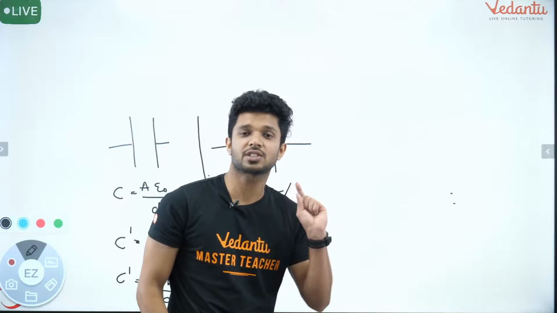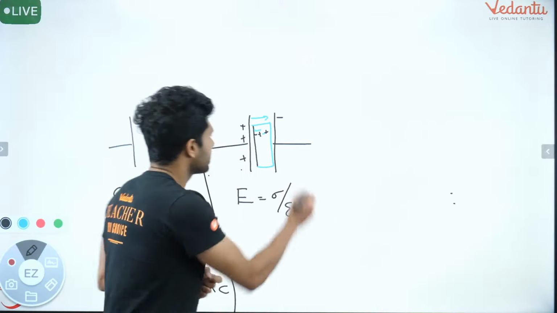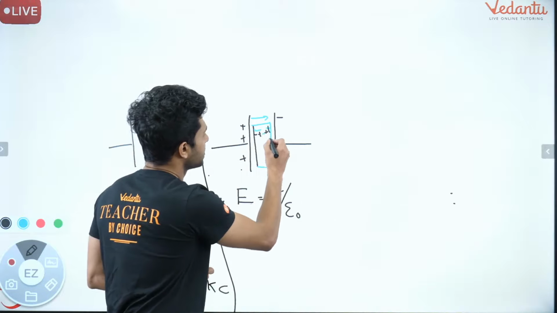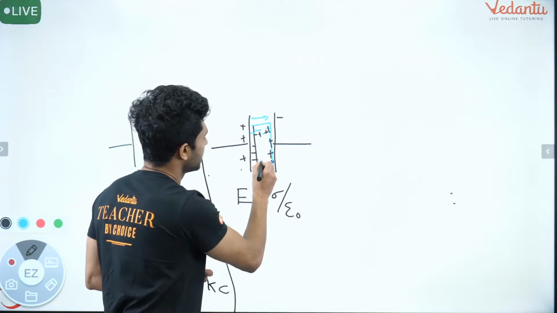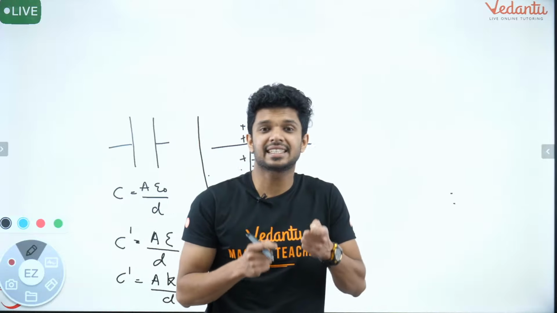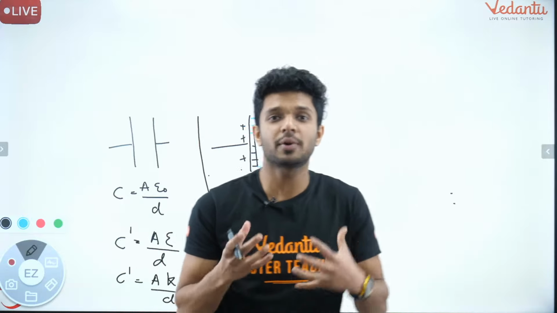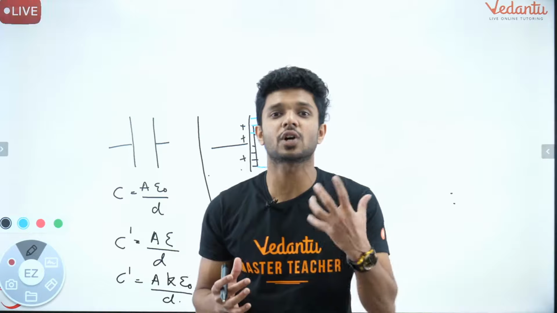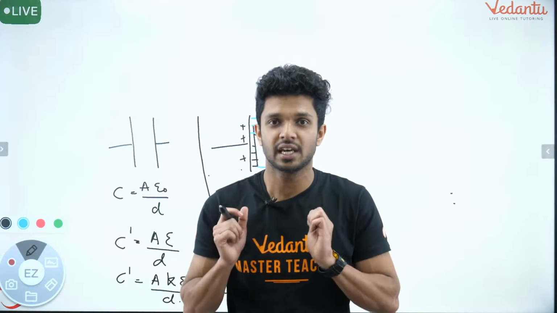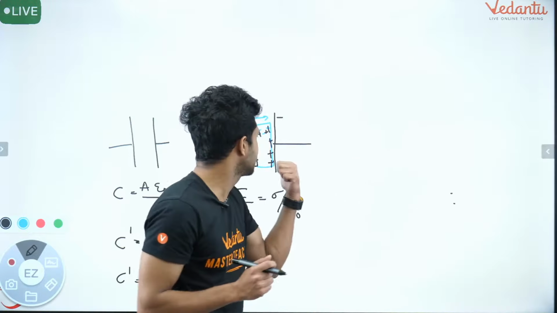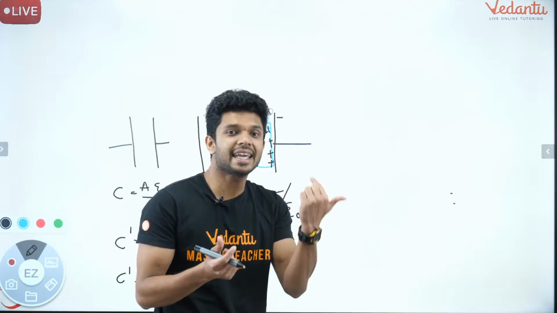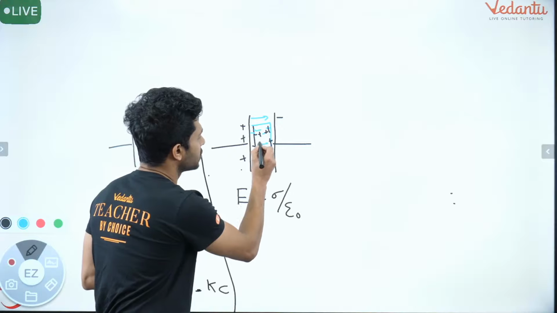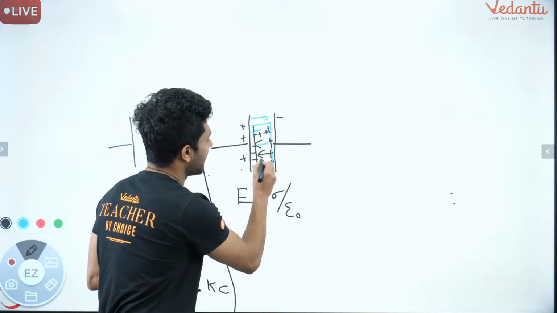Because of the presence of the external field, this side gets a net positive charge and this side a net negative charge. This is the charge induced on the dielectric in between the plates. Because of the charge density on either side of this material, an extra electric field will be produced between them in the opposite direction.